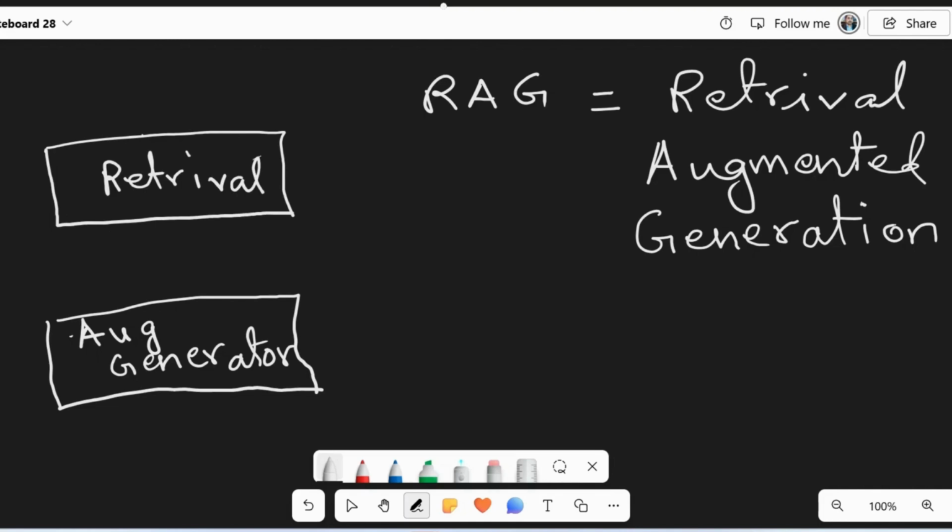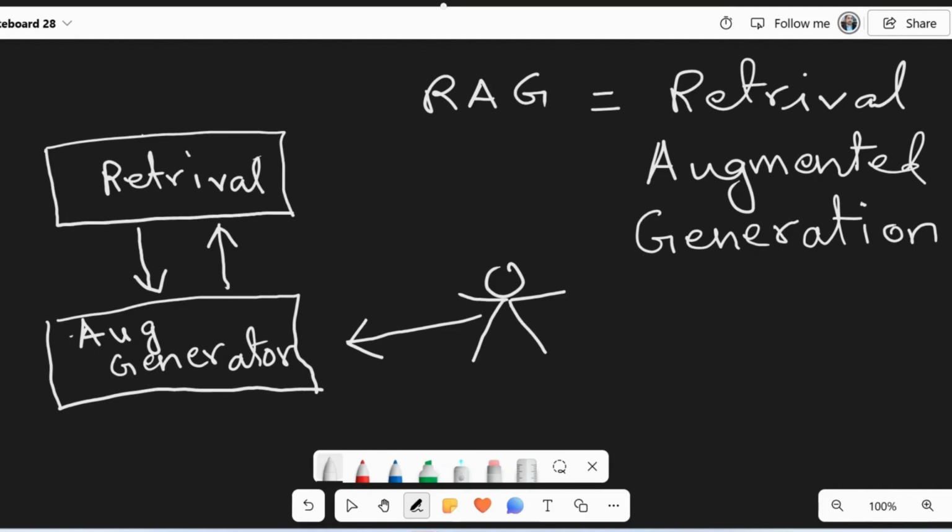Let's say that these two systems are interconnected. Now you as a user can ask questions to this augmented generator, on specific topics of your choosing.